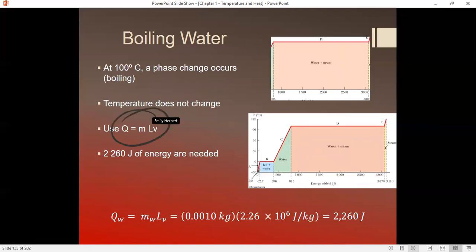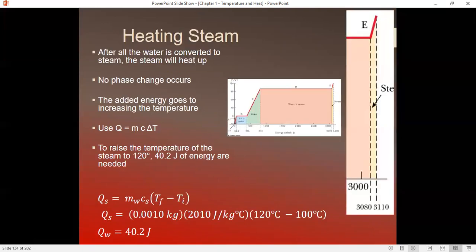Q equals mLV, 1 gram, 2.26 million joules per kilogram. So it's going to take me 2260 joules to go from this point to this point. And now, finally, to heat the steam up to 120 degrees, I'm back to Q equals mc delta T, 40.2 joules. Again, remembering that the specific heat of steam is different from liquid water. Gotta be careful there.